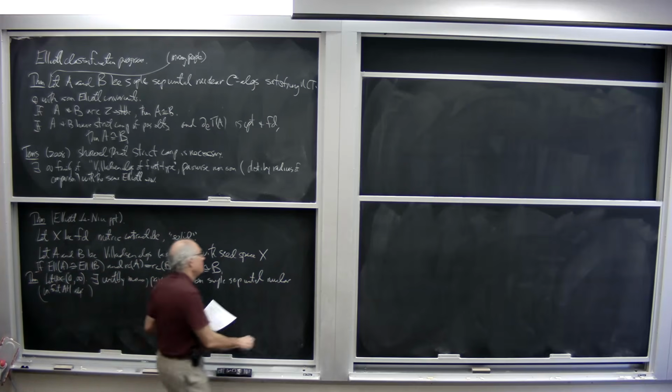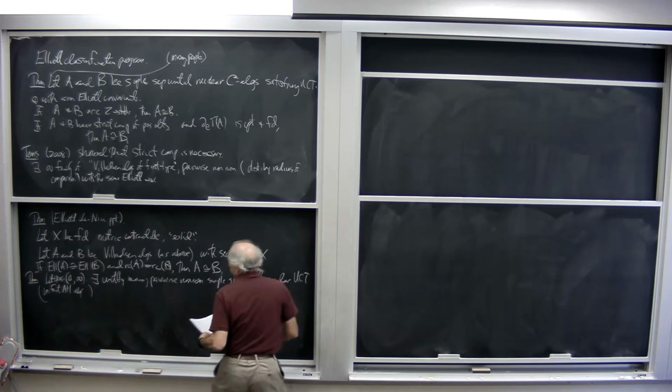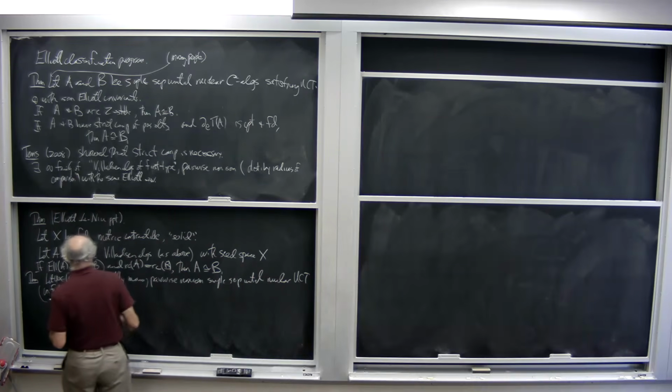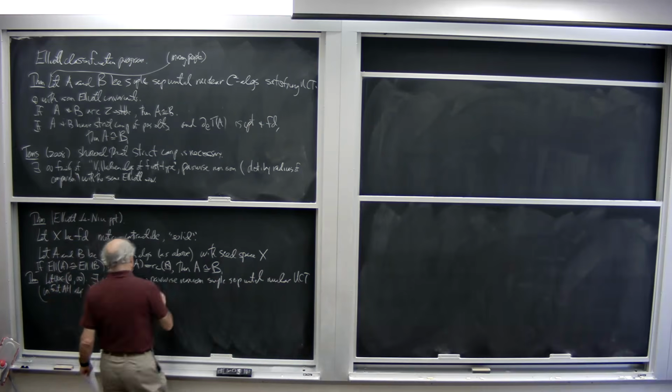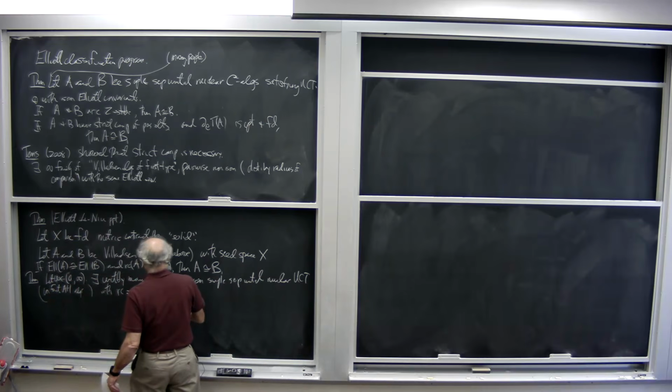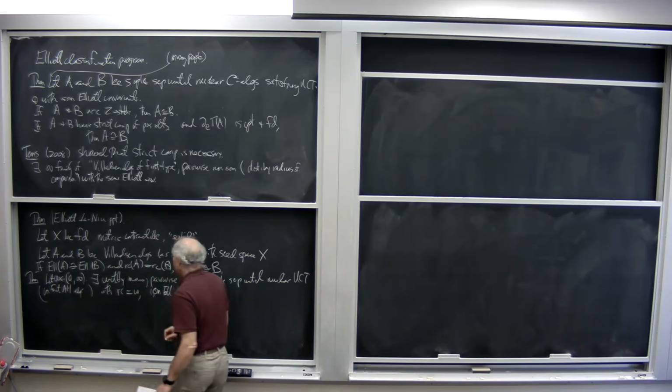I'll put UCT in here. With radius of comparison equal to omega. Same Elliott invariant, isomorphic Elliott invariants, but not isomorphic.